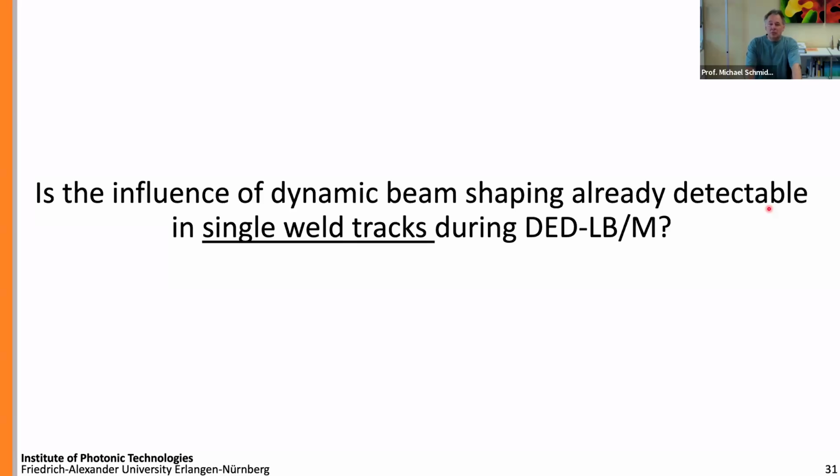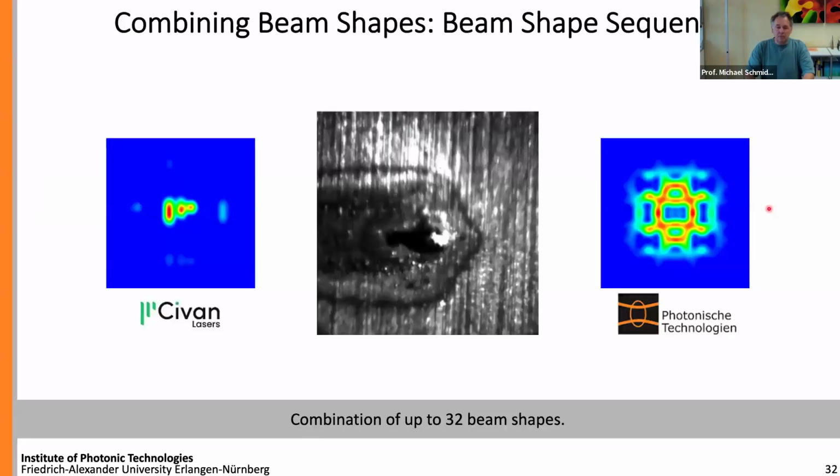So if we have single weld tracks, can we see whether dynamic beam shaping has any influence? I think this is the first question that we have to ask anyway. Why? Because we have blown powder in the process, and we all know that if you have particles in a light beam, these particles act as scatterers, and maybe you can program a beam shape, but there will be nothing left of this beam shape when the beam hits the surface.